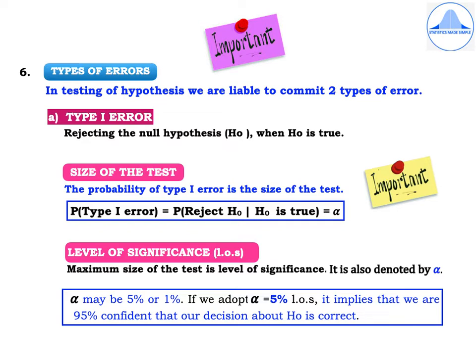If we adopt alpha equal to 5% level of significance, it implies that we are 95% confident that our decision about H0 is correct. Similarly, if I choose alpha equal to 1% level of significance, it indicates that we are 99% confident that our decision about H0 is correct.